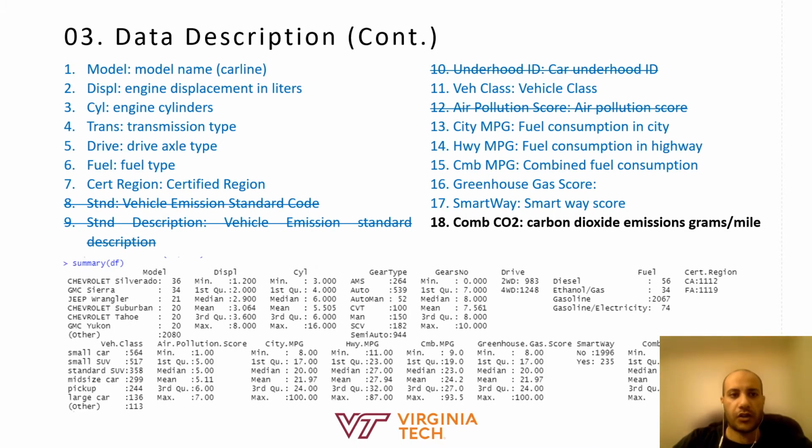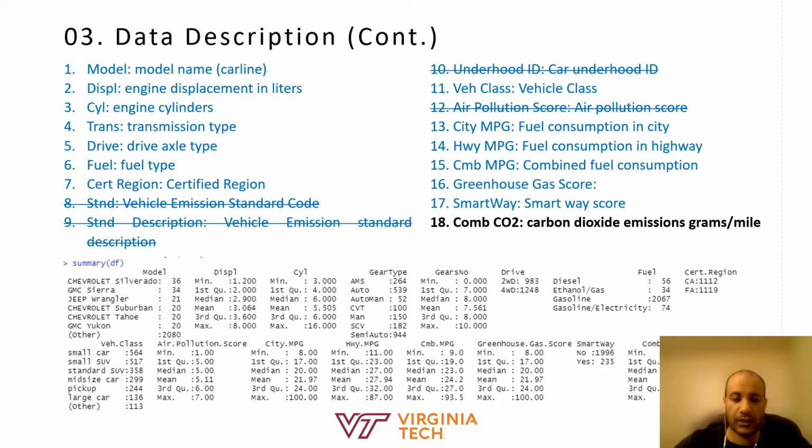Here are the features that are included in the dataset. The name before the colon is the name used in the dataset as an abbreviation for what's after the colon. For instance, MODEL is short for the model name, and DSPL, the second feature, is short for engine displacement in liters. I will walk you through each one separately, but first, while we are here, I just want you to know that all features that are coded in blue are used as predictors, while the black bold one is our response.